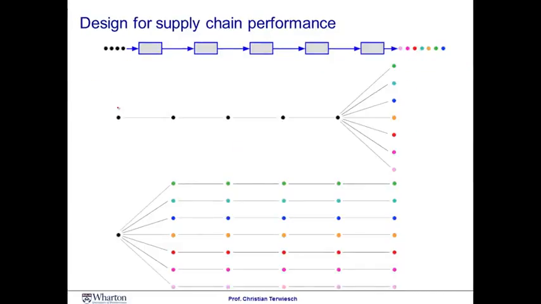Now let me offer you the choice between 2 different process designs. In both cases, we start with a limited amount of variety, and then at the end of the process, in both cases, we provide the same options. For example, different colors of our flow unit.